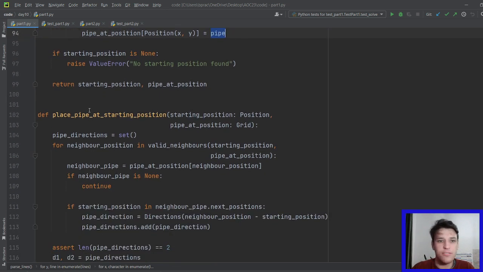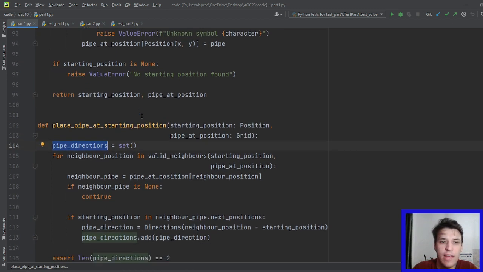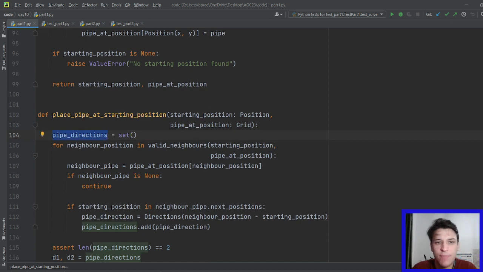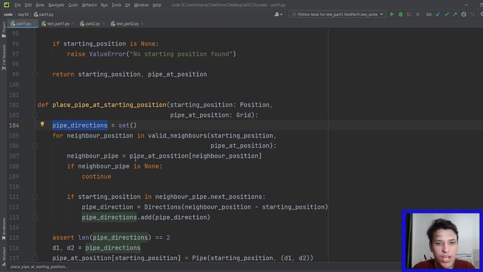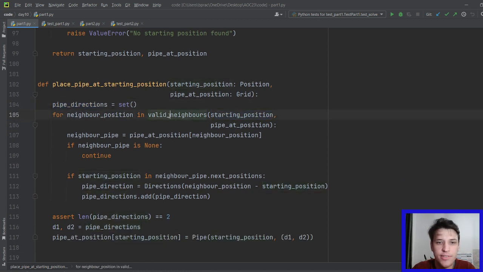Okay, so the first thing we need to do to solve the puzzle is to place the correct pipe at the starting position. So we have two directions which this pipe will continue, and in both of these directions we need to have a neighbor which also points into the opposite direction, essentially back to the starting pipe. So we go through all valid neighbors of the starting position, and then consider the pipe at that position.